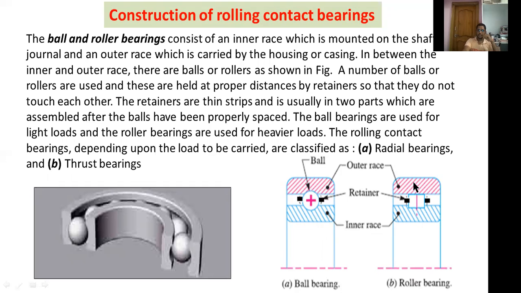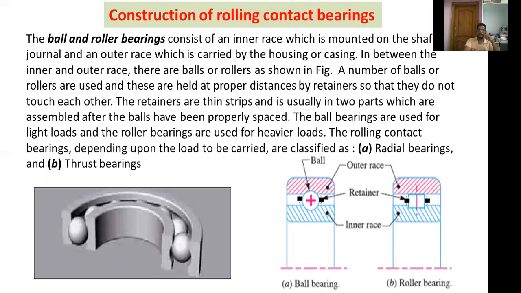The outer race is carried by the housing or casing. In between the inner race and outer race, there are balls or rollers, as shown here.